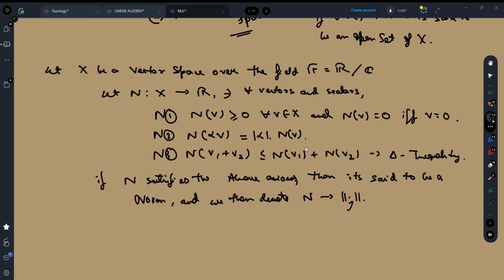Here goes the element. That is, typically speaking, n of x is written like this. Clear?